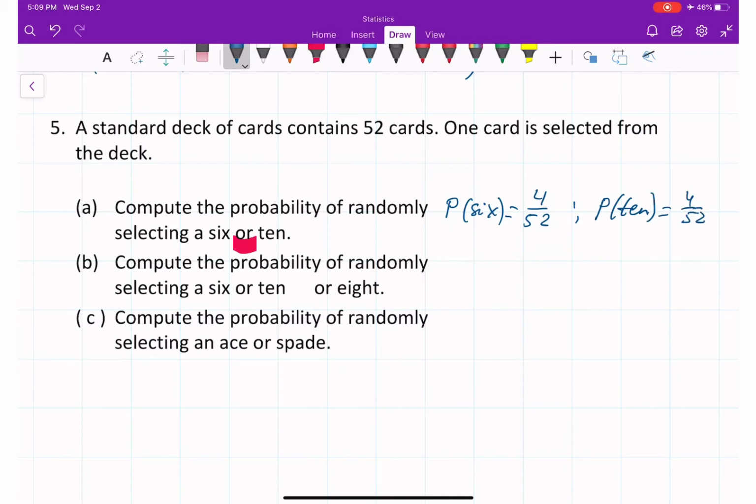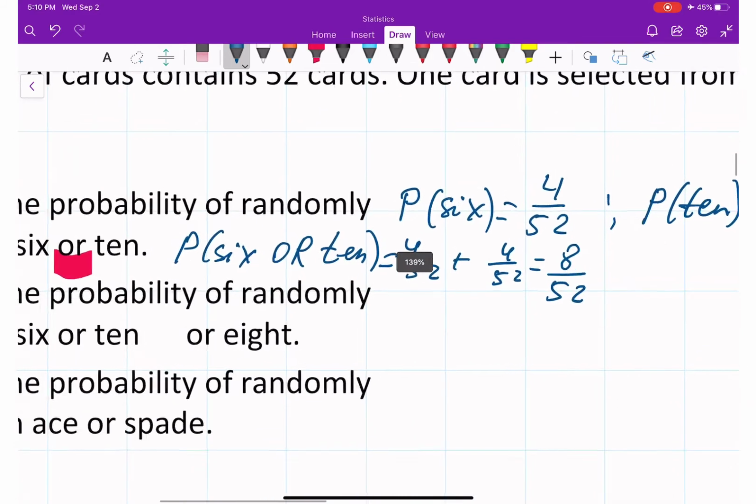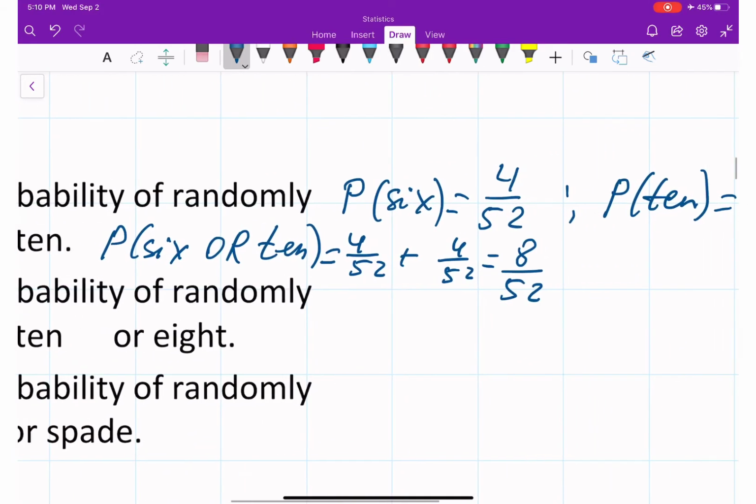Which means for 6 or 10, the probability of 6 or 10 is going to be equal to 4 over 52 plus 4 over 52. Yes, it's going to be equal to 8 over 52, which is going to be equal to 2 over 13.